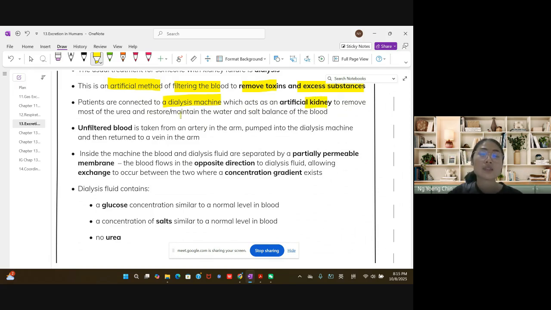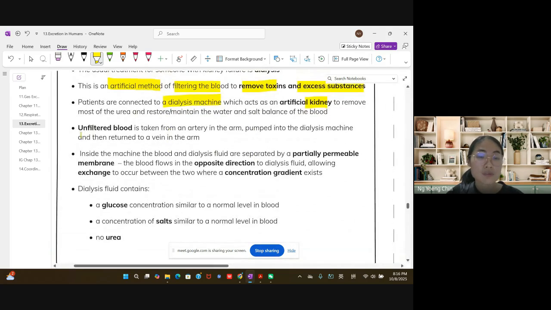It helps to remove most of the urea and waste products in the blood, and hence maintains the water and salt balance of the blood. This is very important, because you need to maintain the osmotic pressure inside your blood.